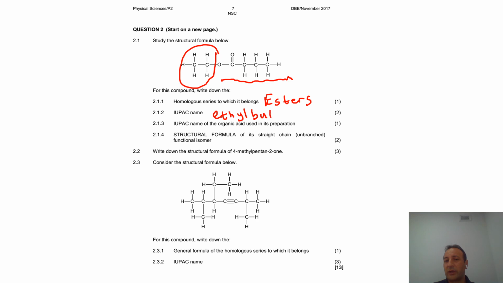But instead of writing butane, we remove the E letter and add the oate suffix. Remember, the suffix that we use for esters is oate. That is the IUPAC name of this compound, ethyl butanoate.